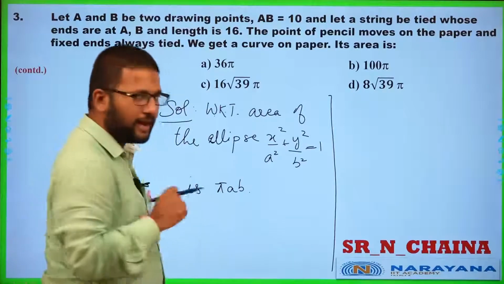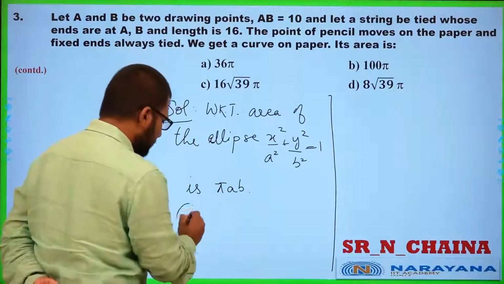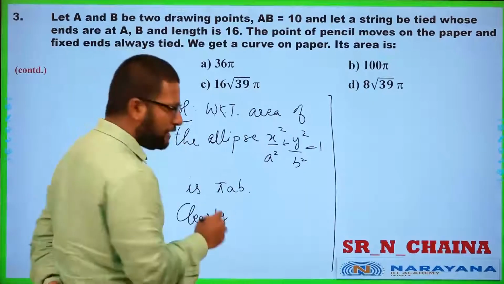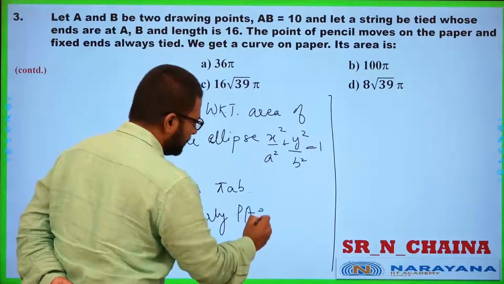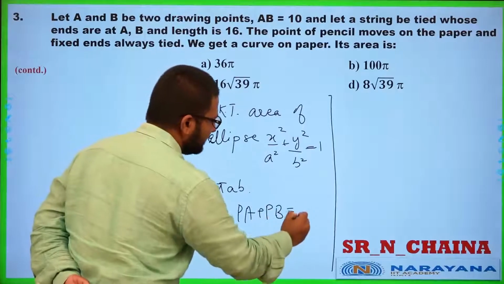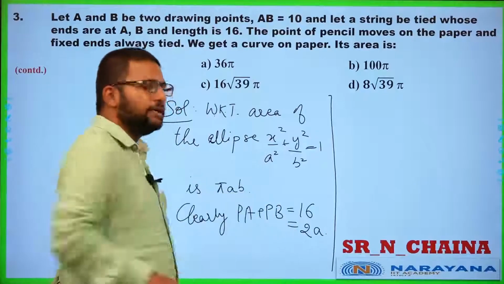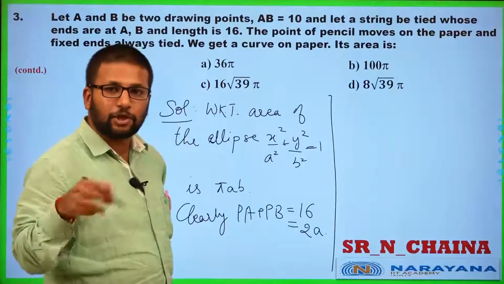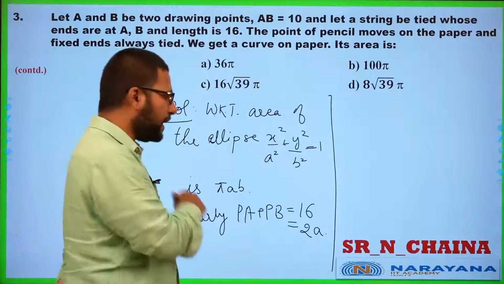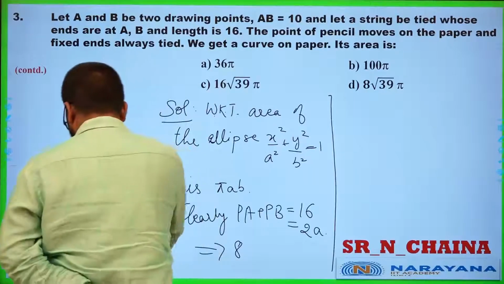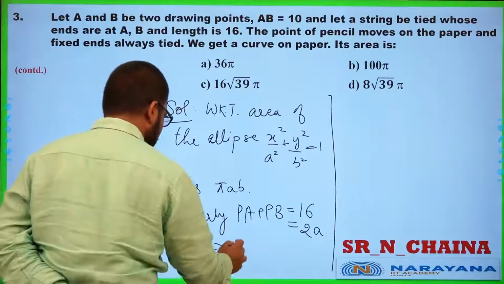So I need the value of a and b. Clearly over here, PA plus PB is given to be 16. It must be 2a, correct? For such an ellipse, the sum of the distances is always equal to the major axis. So 2a, which means a is 8, right? So the value of a is 8.